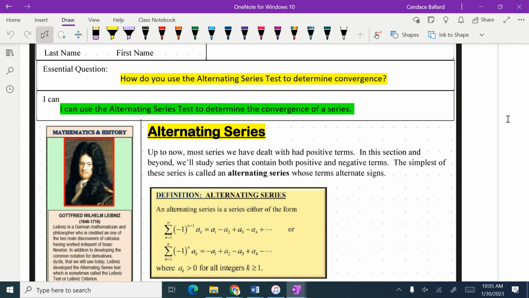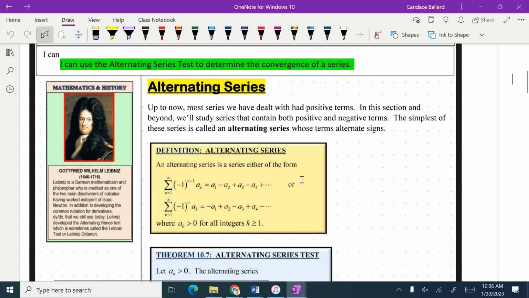So we're talking alternating series test. We have to determine if it converges or diverges, which is the name of the game with all of the series tests.